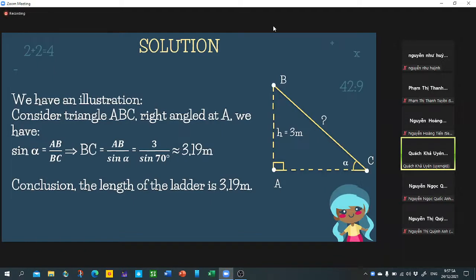Solution. We have an illustration. So from what we have, the length of the side BC is also the length of the ladder to find.